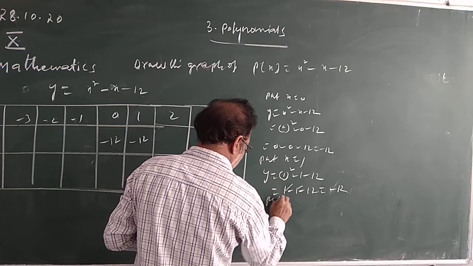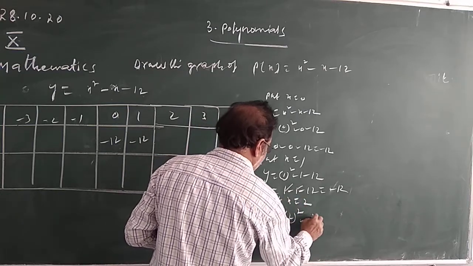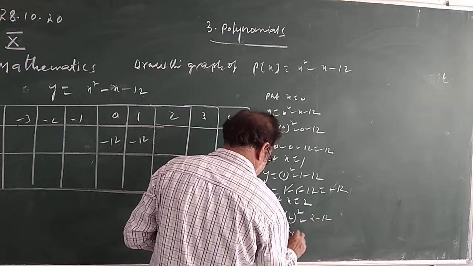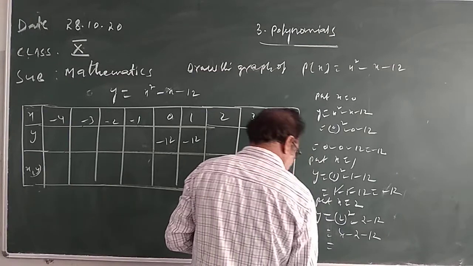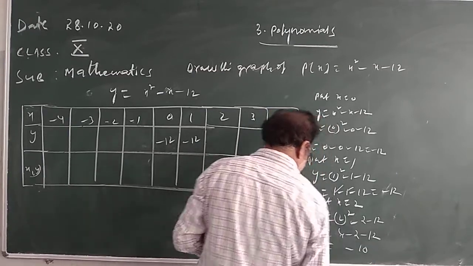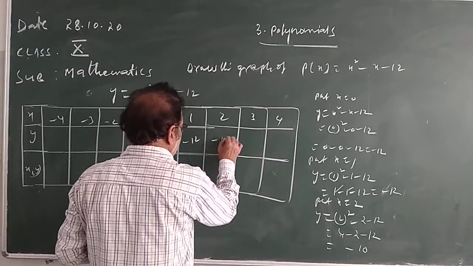Put x is equal to 2, y is equal to 2 square minus 2 minus 12. 2 square is 4, 4 minus 2 is 2, 2 minus 12 is minus 10.